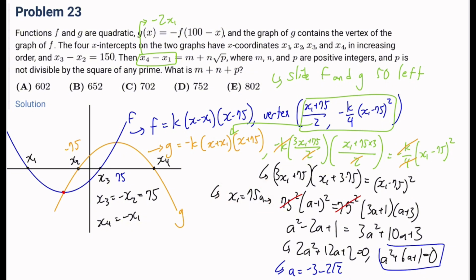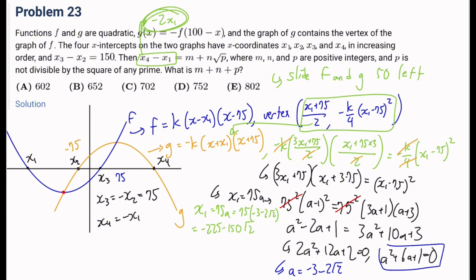And so here now we see that x1 equals 75a, right? Let's do that in green. x1 equals 75a equals 75 times minus 3 minus 2 root 2, right? This is equal to minus 225 minus 150 root 2.